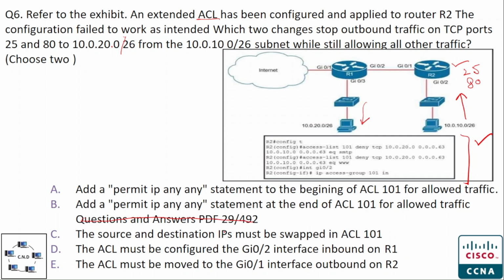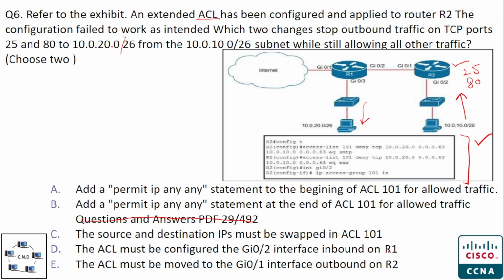Option C, the source and destination IPs must be swapped in ACL 101. Option D, the ACL must be configured on the gigabit 0/2 interface inbound on R1. And option E, the ACL must be moved to the Gi0/1 interface outbound on R2.